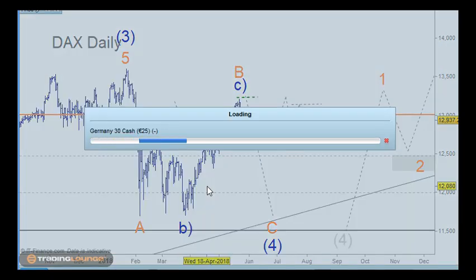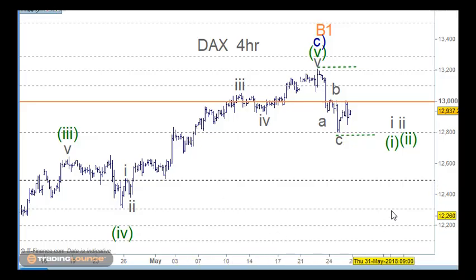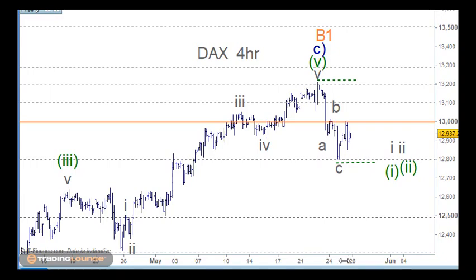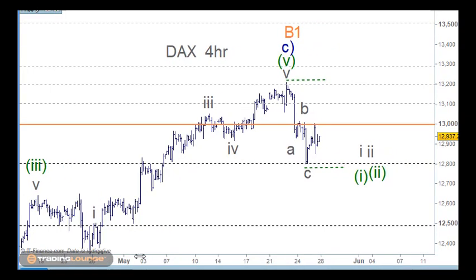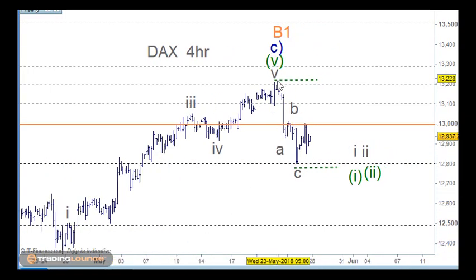So on the 4-hour chart here, I just wanted to point this out. The move down here, yes, you could squeeze it 5 waves down, but it also counts nicely as an A wave, a B wave and a C wave here as well.